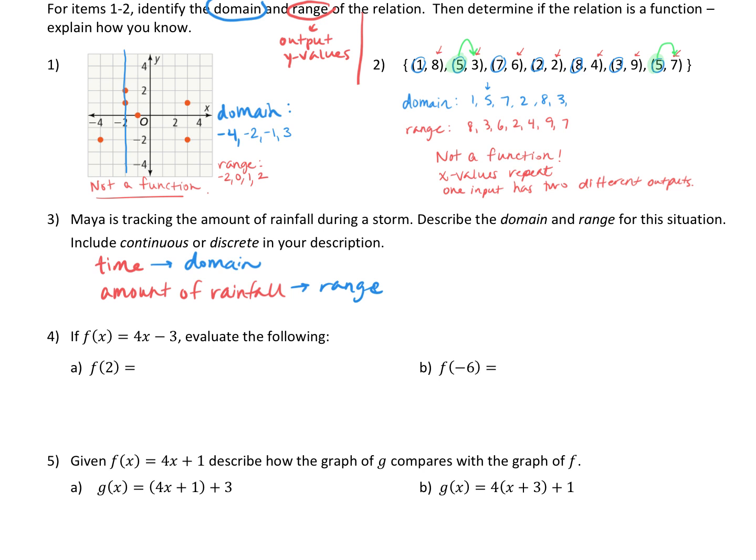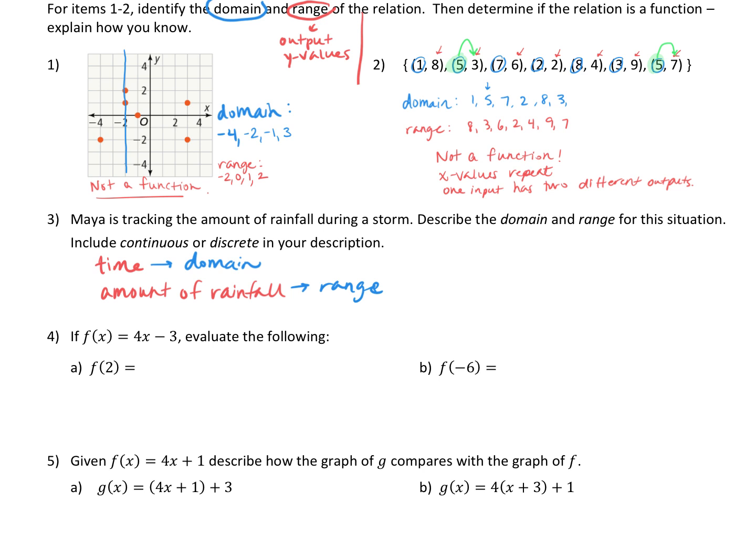I could buy one pencil, two pencils, three pencils, four pencils. That is what discrete looks like. I cannot buy 1.1 pencils, 1.15 pencils, 1.78 pencils. Continuous is when it's okay to include everything in between.